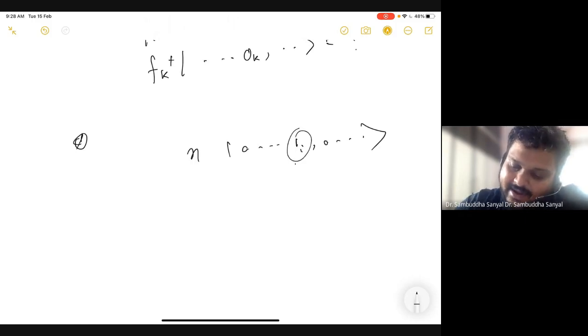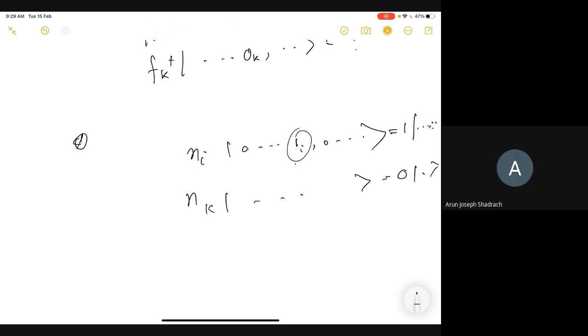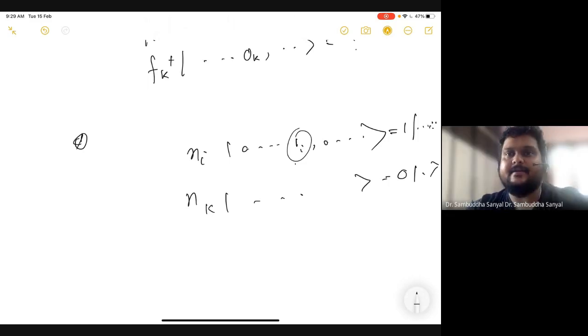So if you act with n_i, you will get 1. But if you act with n_k, then you get 0. Are you following? I'll check into it. You can write down this question more clearly on Piazza perhaps, because I'm not following what you are saying. If you write it down, perhaps it will be clear.